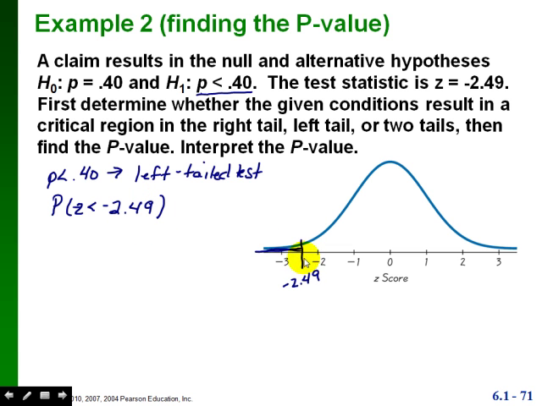So again, with your table, you can just look up the negative 2.49, because we're already going to the left. With your calculator, you're going to have to put in a lower bound, something like negative 10, with your normal CDF function.